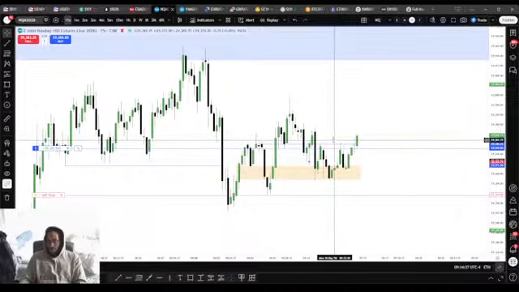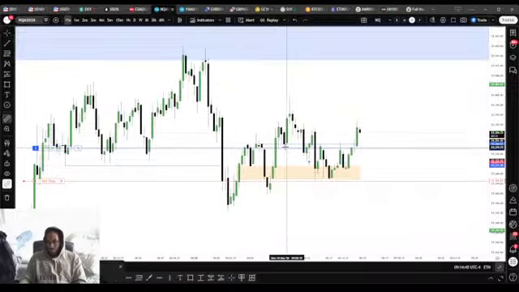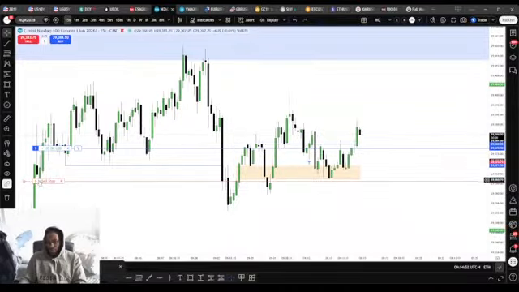Candle body closure above this area, I'm looking to move stops, from where I entered to where my stop loss is.